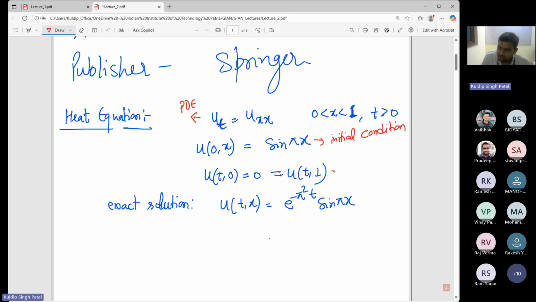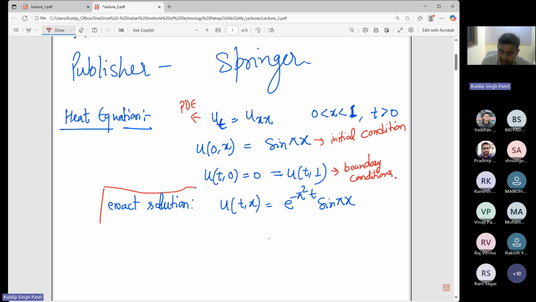And what is this called? Boundary conditions, right? So here, t you can take greater than 0, and you can find the solution at any t. So what about this exact solution?